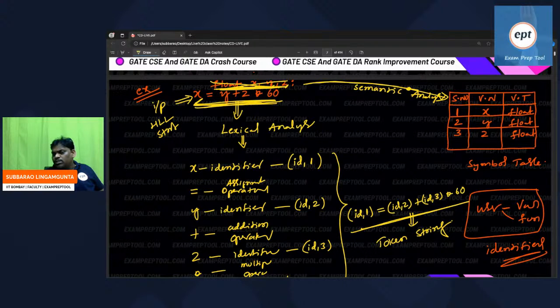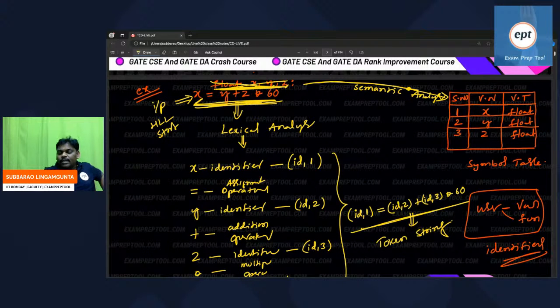See the way of asking questions in the GATE examination. What does the symbol table contain? Who will be there inside the symbol table? Identifiers. Who are the identifiers? User-defined variables and user-defined functions.